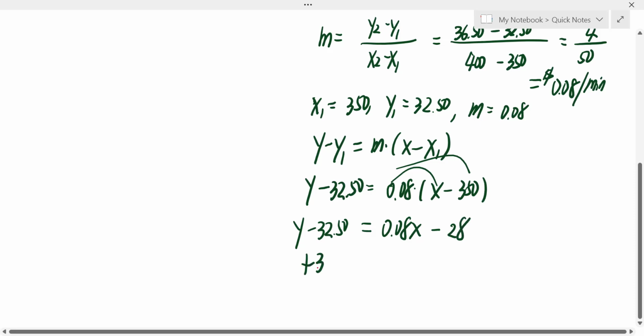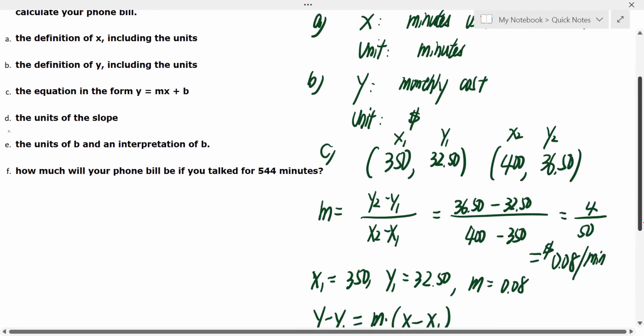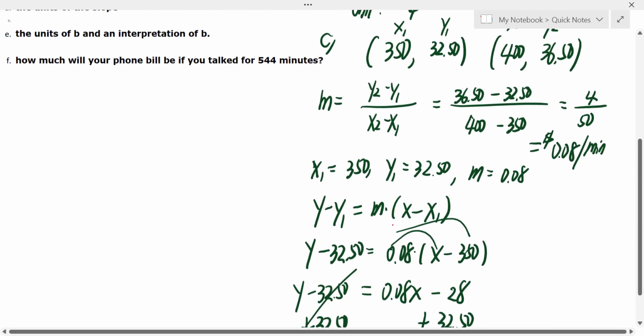Now from here, we add $32.50 to both sides of the equation. Once we cancel that, the y value is by itself, and we get 0.08x plus 4.50. All right, so this is the equation capturing the relationship between the minutes used and the total cost. We get that. So this is y equals 0.08x plus 4.5.